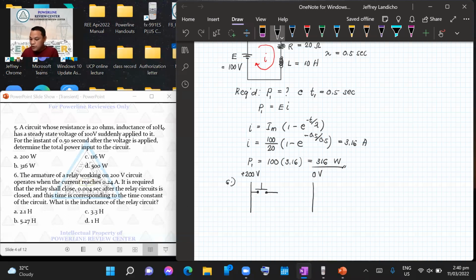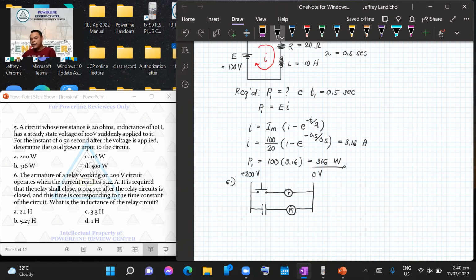We have the switch, then connected there is our relay circuit, relay R. When activated, the relay commands our contactor, which is normally open, and this contactor is in series with our motor.